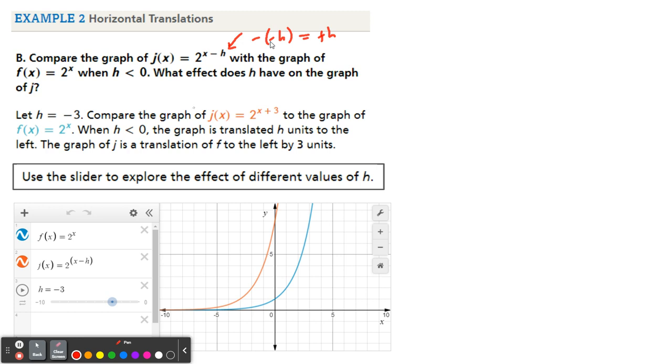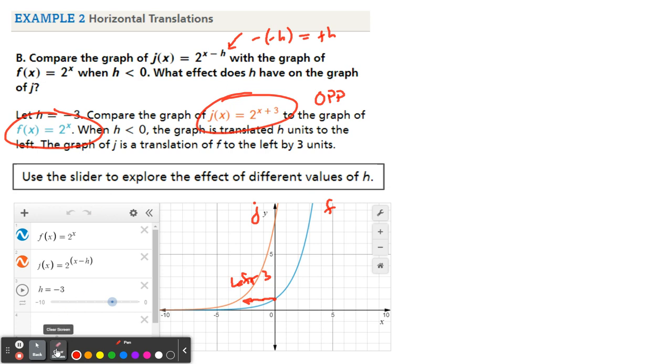So down here, we're going to compare f of x equals 2 to the x, the blue graph, with j of x equals 2 to the x plus 3. Notice when it says plus 3, you would think right 3, but again, it's opposite in terms of the x. So for this function j, notice that the y-intercept here at 1 went to the left 1, 2, 3. When it goes to the left 3, that's because of the plus 3 up with the exponent.